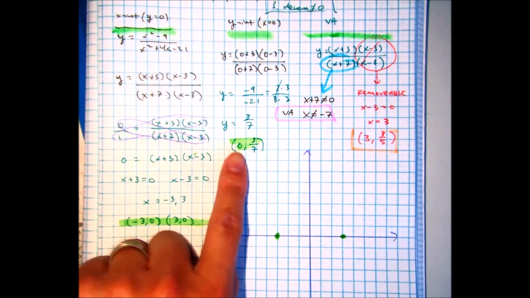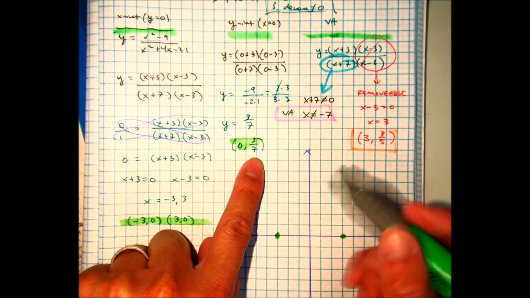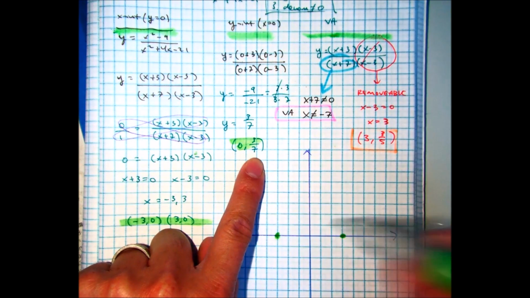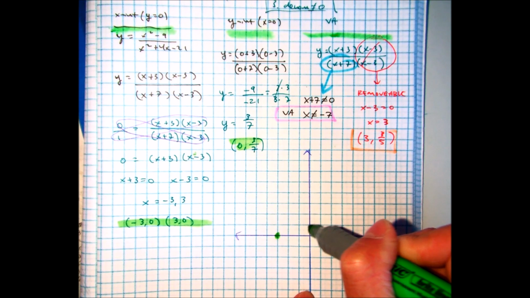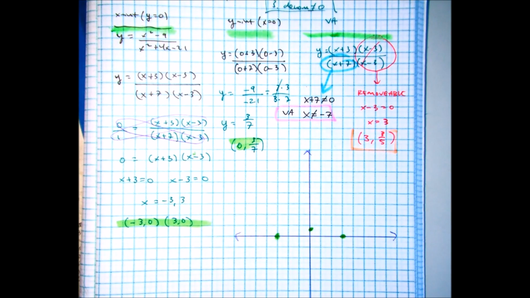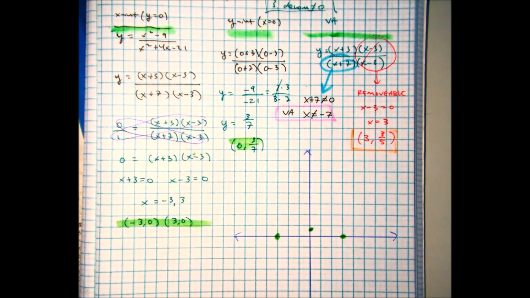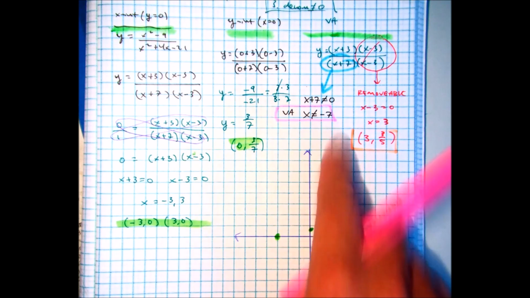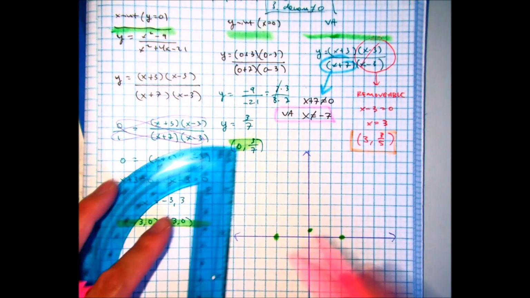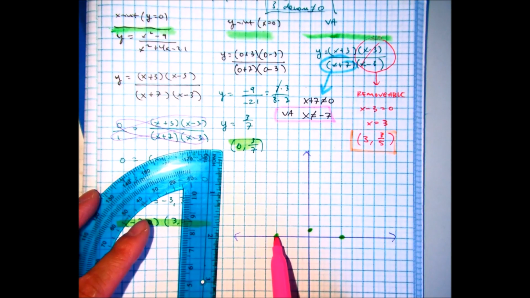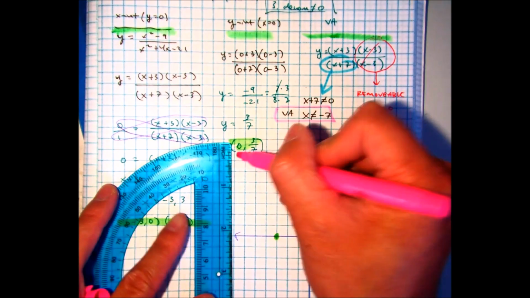I have my y-intercept of 0 and 3/7, so it's not a whole, almost a half, so between 0 and 1. Something right there. My vertical asymptote, negative 7. Okay, I don't like this one. I'll tell you why. Negative 7 is really far over here. 3, 4, 5, 6, 7.